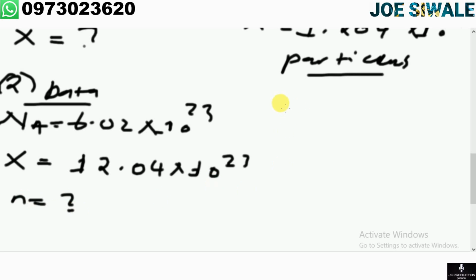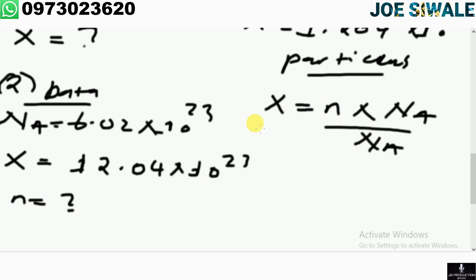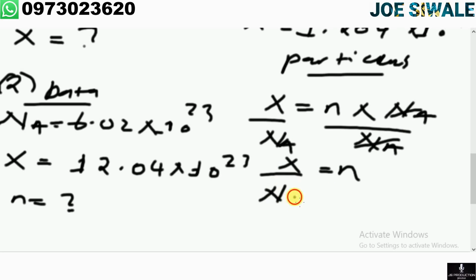So the general formula, I know that number of particles is equals to number of moles multiplied by the Avogadro's number. So to calculate the number of moles here, I would divide by the Avogadro's number on both sides. So this and this will cancel. So this means here I have n is equal to the number of particles divided by the Avogadro's number or constant.